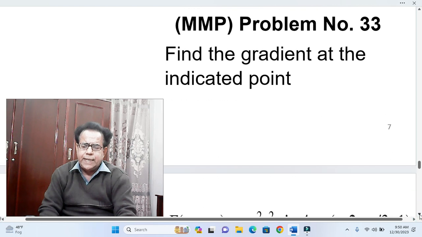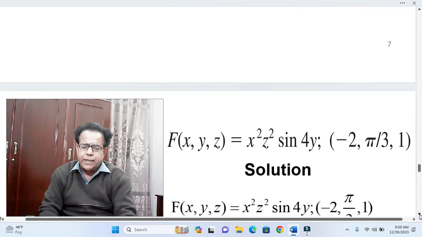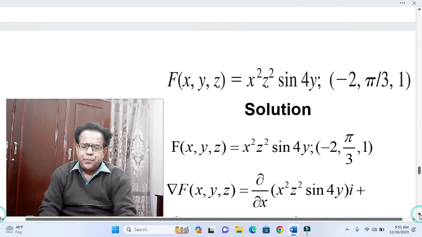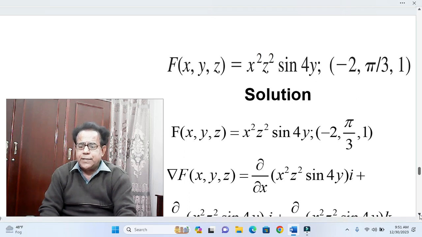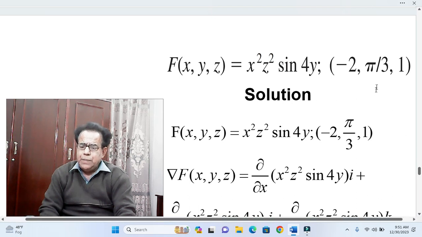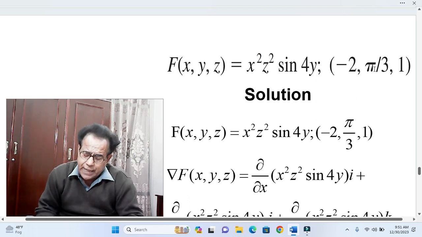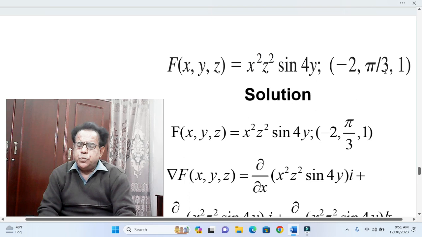Find the gradient at the indicated point f(x,y,z) equal to x square z square sine 4y at point minus 2, pi by 3 and 1. Here pi by 3 means 60 degrees, because pi is taken as 180, so 180 by 3 is 60 degrees.